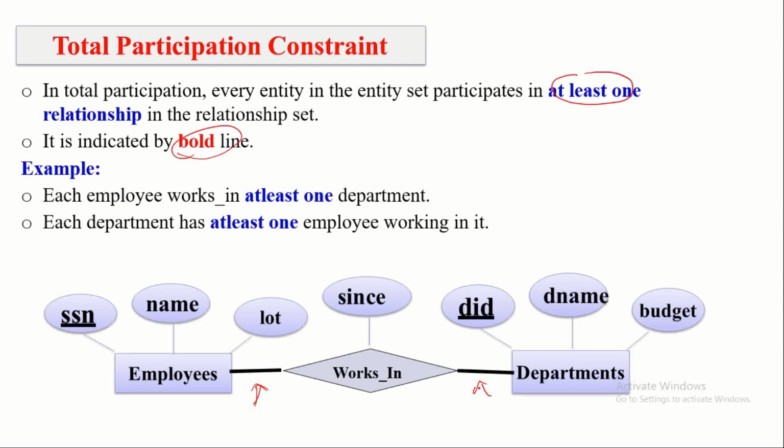And each and every department in the departments entity set has at least one employee working in it. These two rules are illustrated in this ER diagram using a bold line, that is, using total participation constraint.